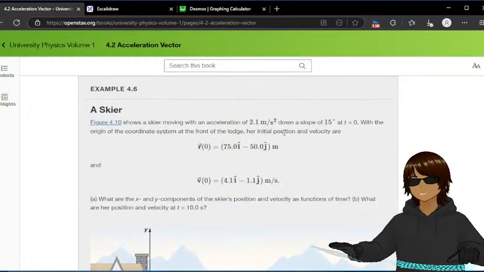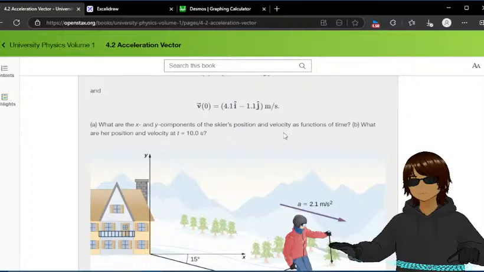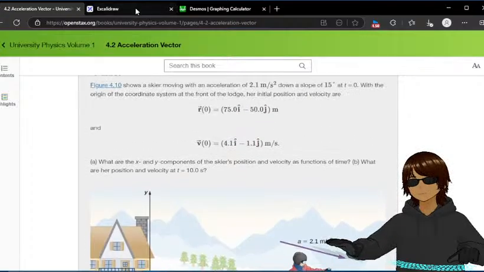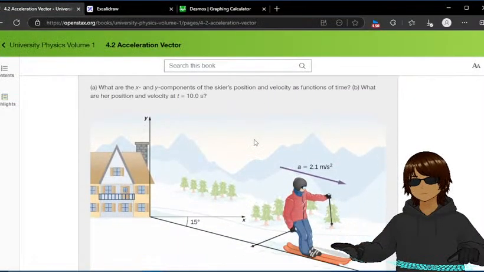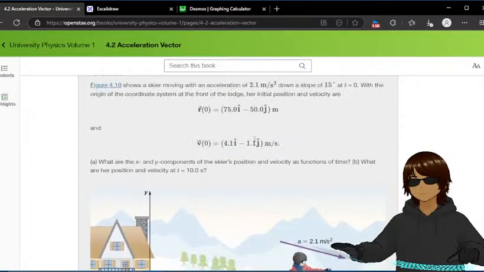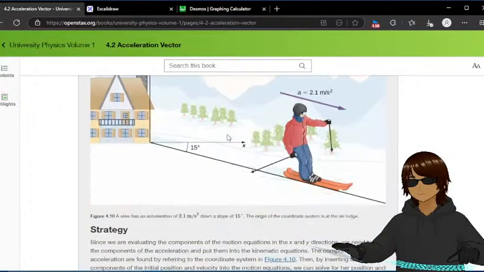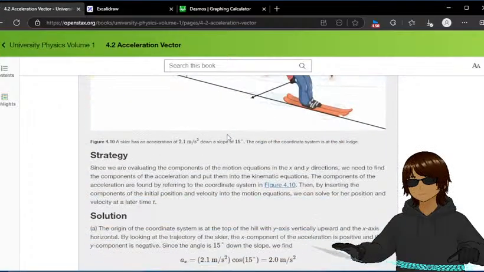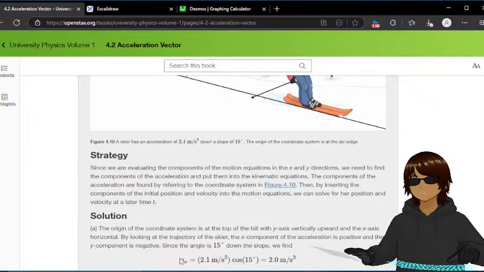Down a slope, 15 degrees. Acceleration in the x direction, cos 15.